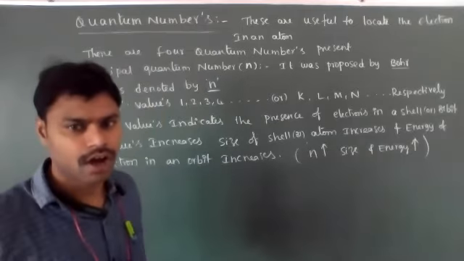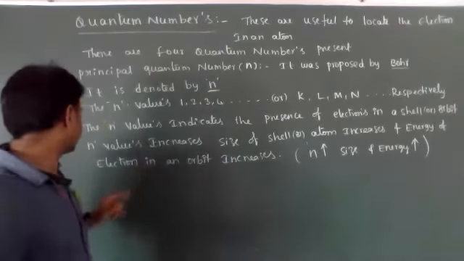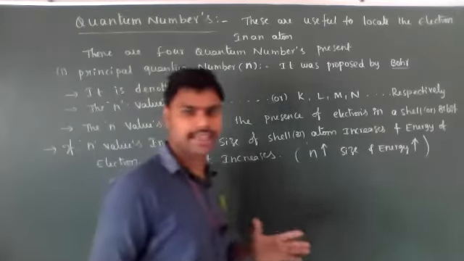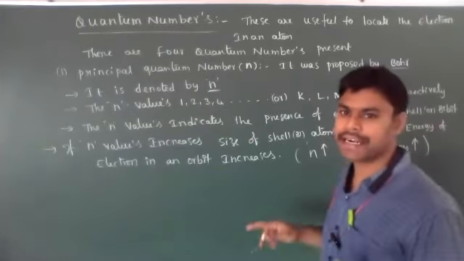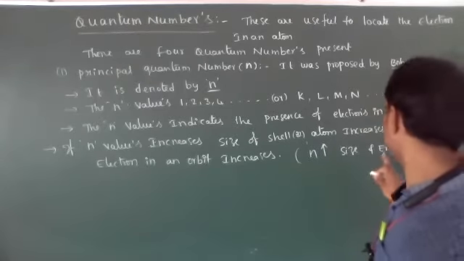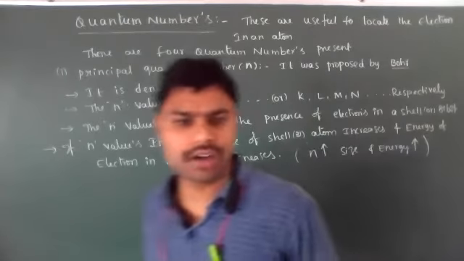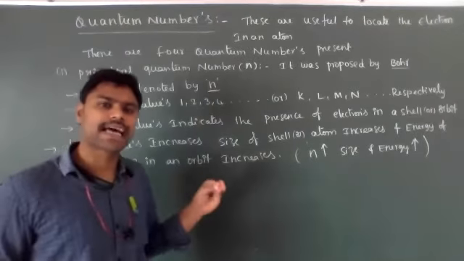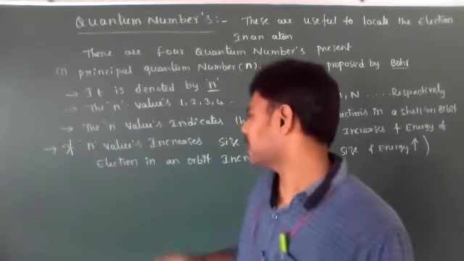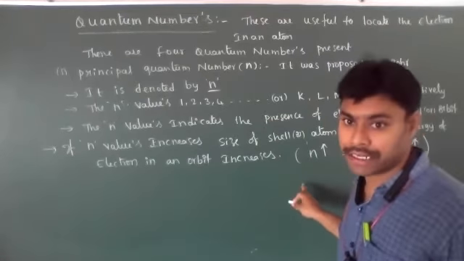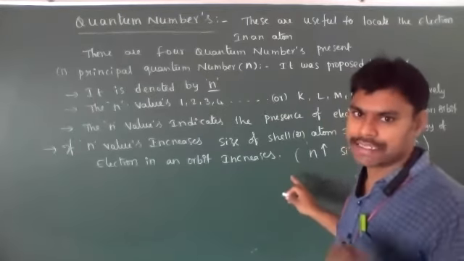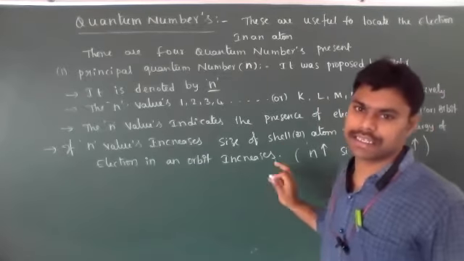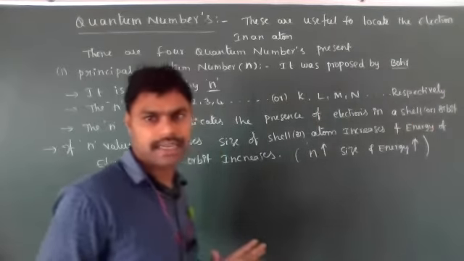If the n value increases, the size of the shell, orbit or atom increases, and at the same time the energy of electrons in an orbit also increases. It is very clear.